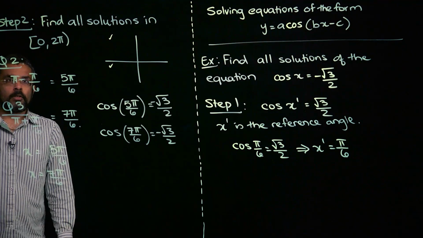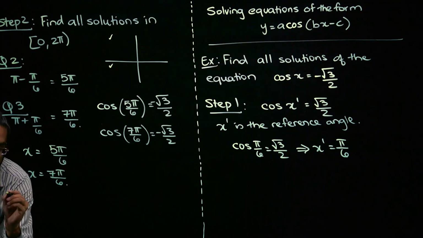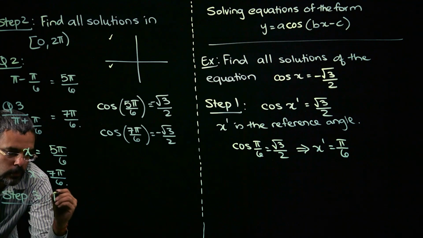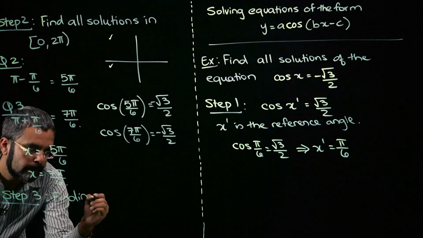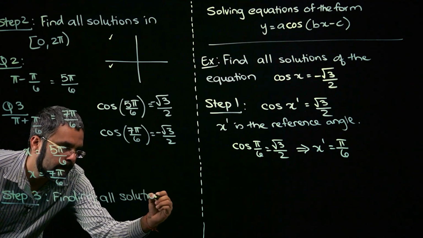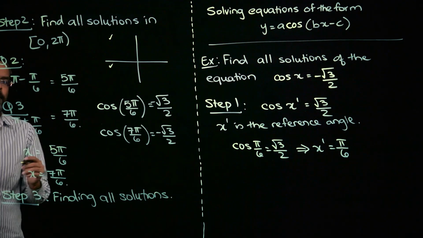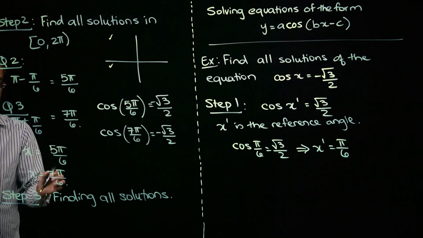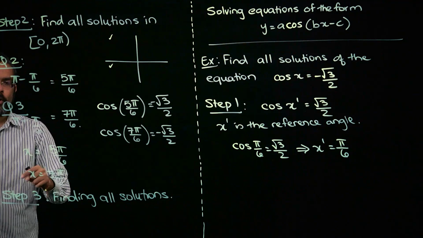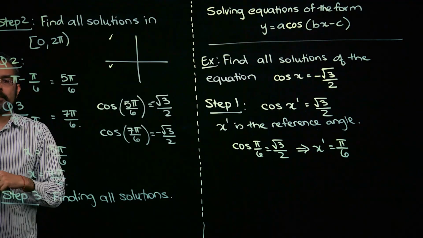Then what happens if I try to find all my solutions? Step 3 is finding all solutions. Remember, just like sine, cosine also has a period of 2 pi. That means 5 pi over 6 plus 2 pi will end up at the same terminal point as 5 pi over 6. 5 pi over 6 plus 4 pi will also end up at the same terminal point.